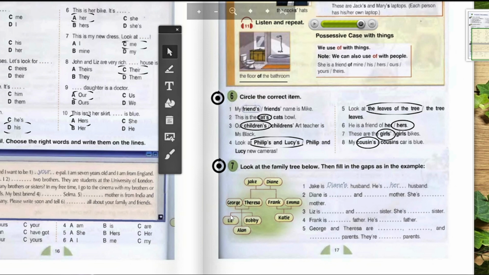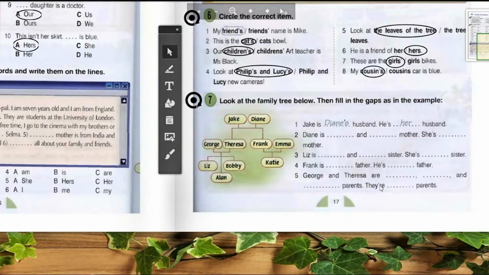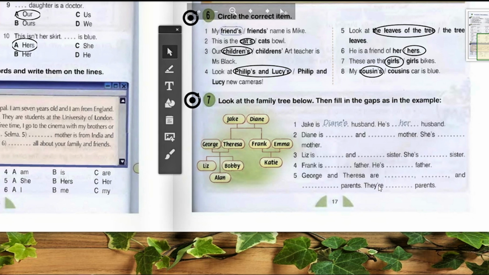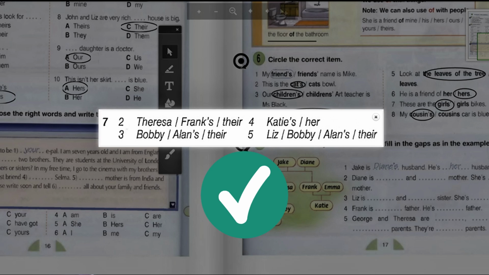Liz is Bobby and Alan's sister. She is their sister. Frank is Katie's father. He is her father. George and Teresa are Liz, Bobby and Alan's parents. They are their parents. So you can also look at the right answers here.